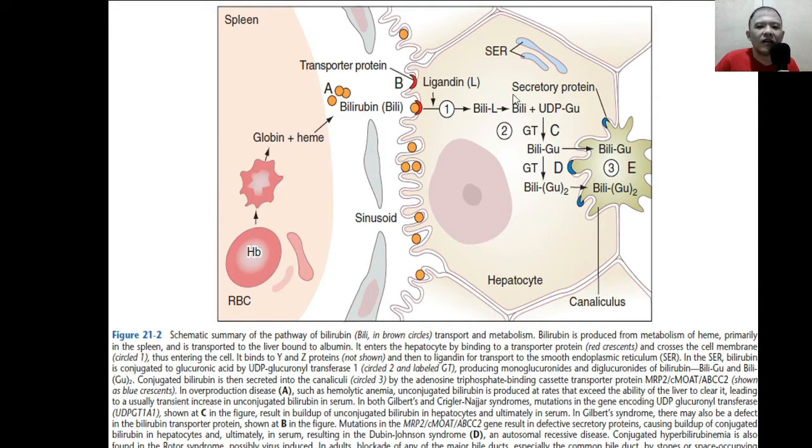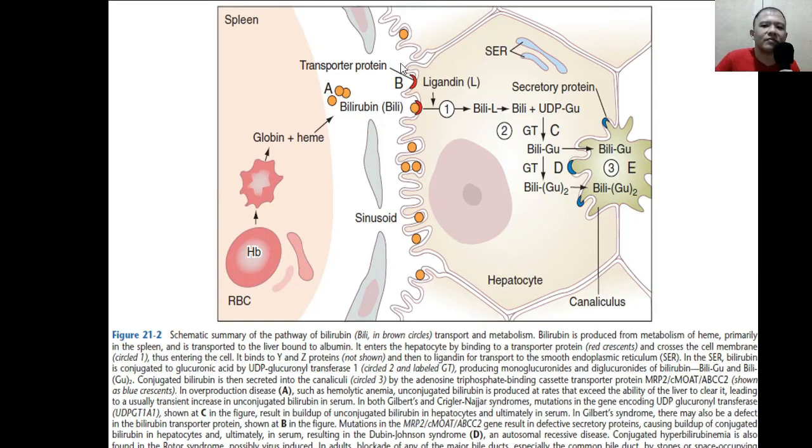A milder form of inherited unconjugated hyperbilirubinemia is also secondary to a deficiency of this transporter protein in the sinusoidal side. Mild, that is Gilbert syndrome.